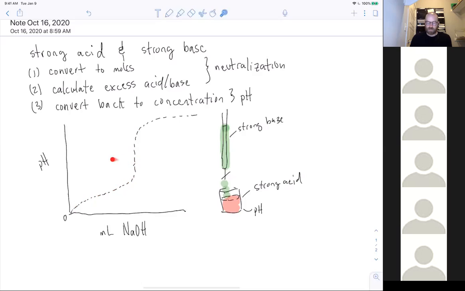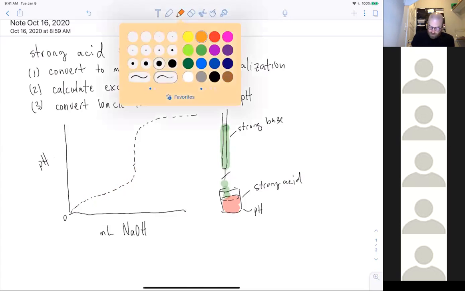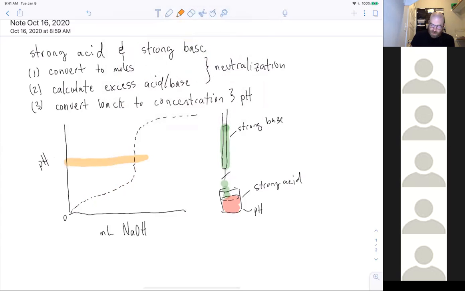But then as you approach pH 7, right about here, the pH starts to change super rapidly, and then it just starts to level off once you get past that.